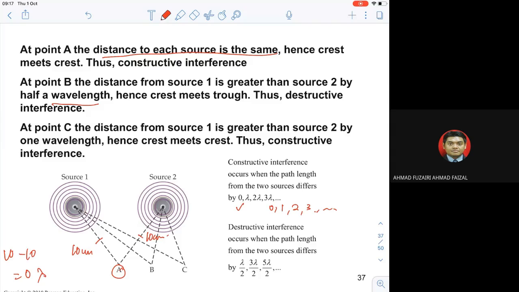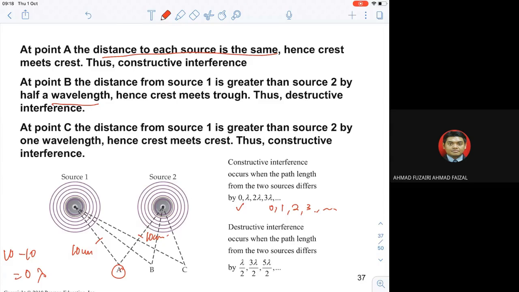Meaning that it is an integer, starting from 0. So 1, 2, it cannot be 1.5, it cannot be 1.2, it should be 1, 2, 3, 4, 5. So that will give you constructive interference.